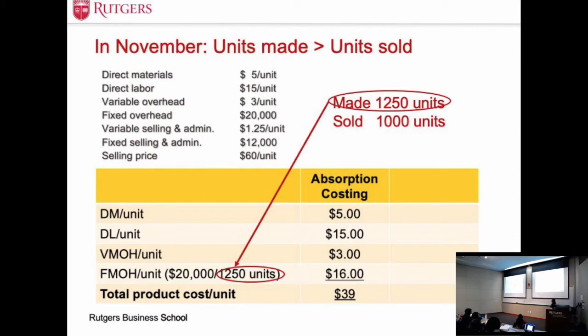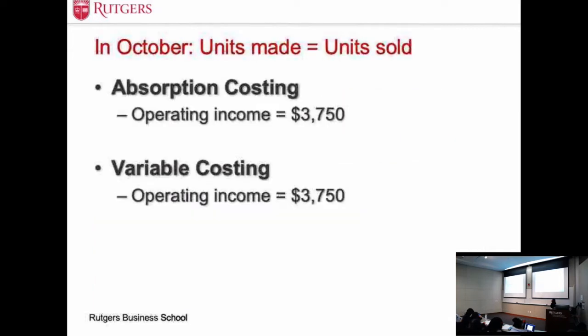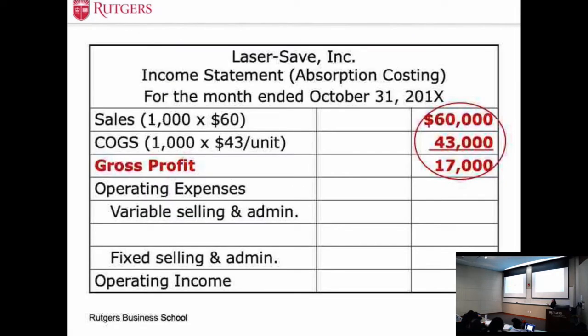So from the previous example, the units made are the same as the units sold. So in that case, it doesn't matter which. If I go back, this was our previous example. We made 1,000 and we sold 1,000.